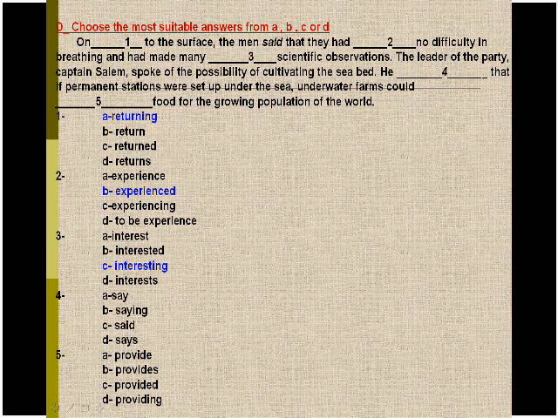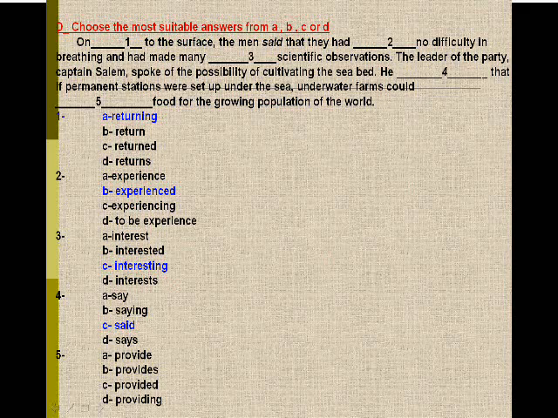We have A, say, B, saying, C, said, D, says. That if permanent, okay? So of course, it should be what? Yeah, he said that if permanent stations were set up under the sea, underwater farms could food for the growing population of the world.